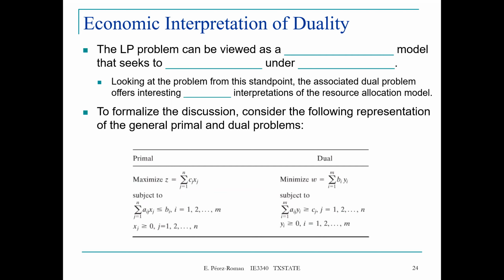The linear programming problem can be viewed as a resource allocation model that seeks to maximize revenue on limited resources. Looking at the problem from this standpoint, the associated dual problem offers interesting economic interpretations of the resource allocation model. To formalize the discussion, consider the following representation of the general primal and dual problems.